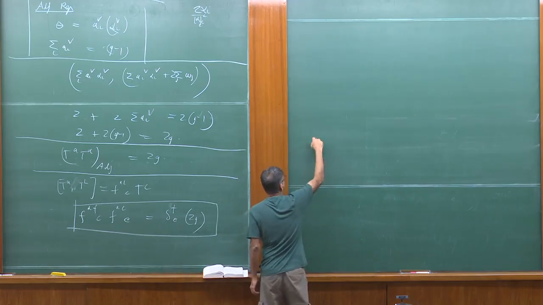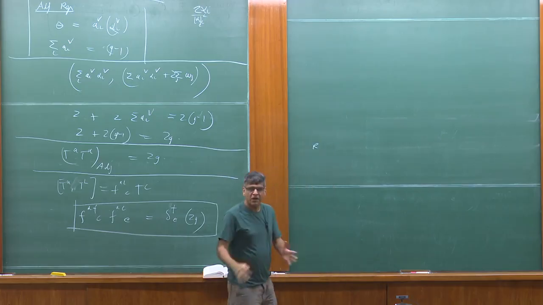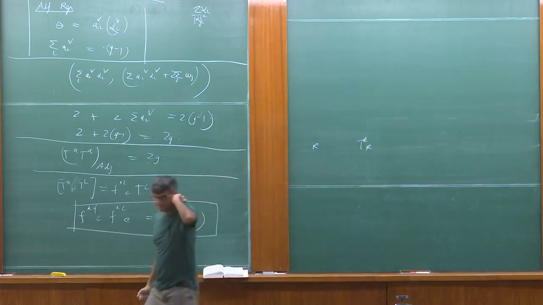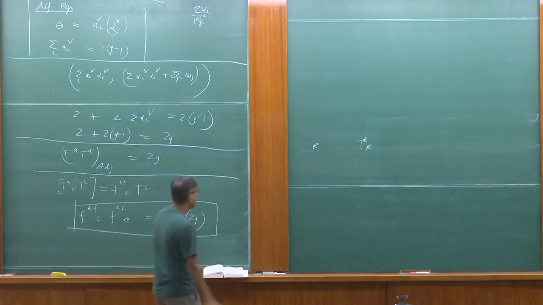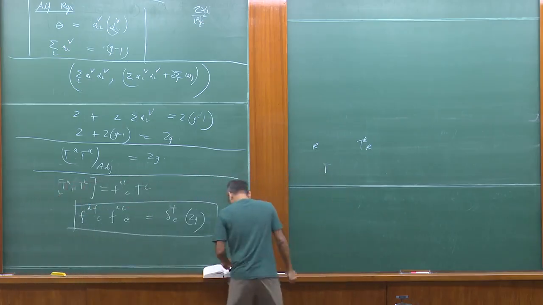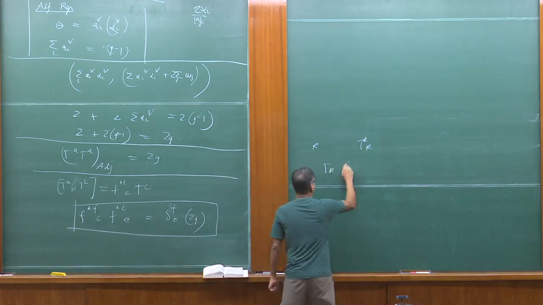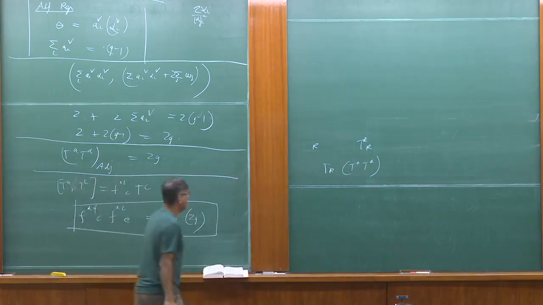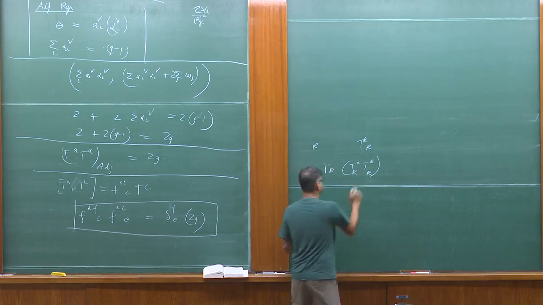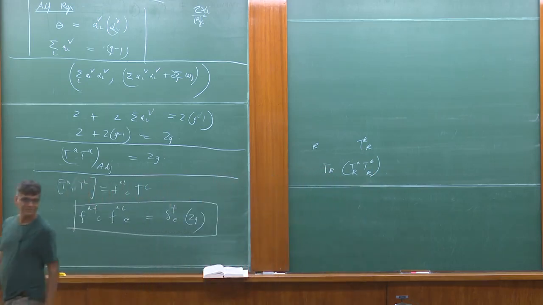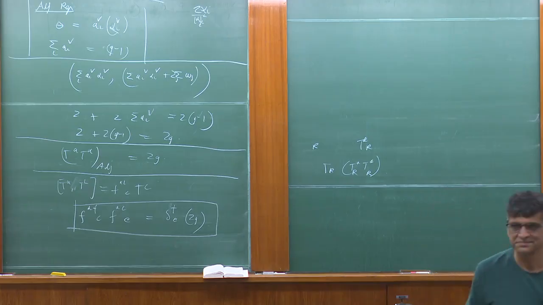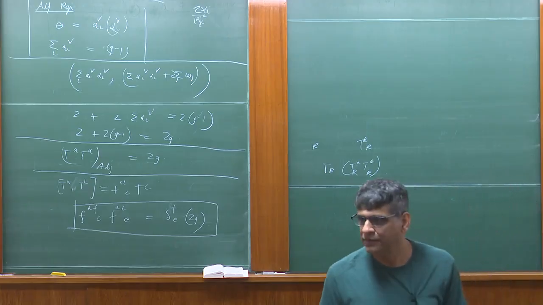Okay, we can define the following. Suppose I've got a representation R for the group, and I've got T^A as generators in the representation. Now suppose I compute the trace of T^A T^A in the representation R. The representation R means that we've got some matrices, some dimensional matrices. We compute the trace of this object.